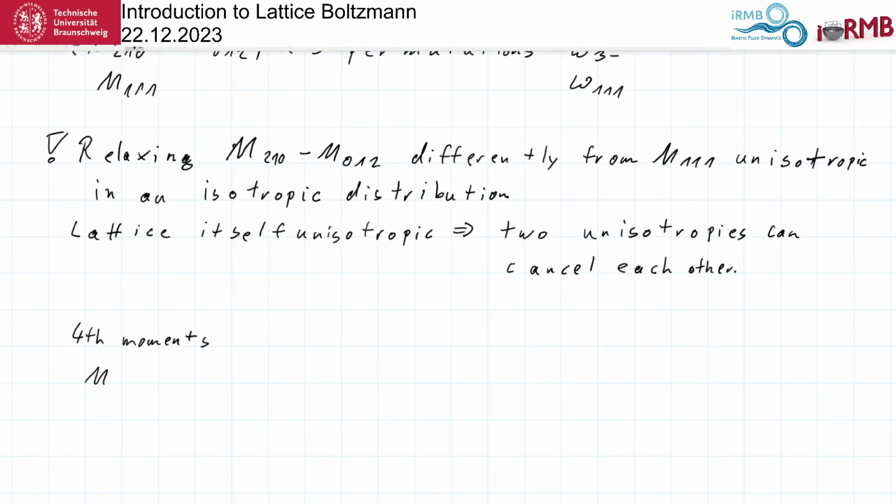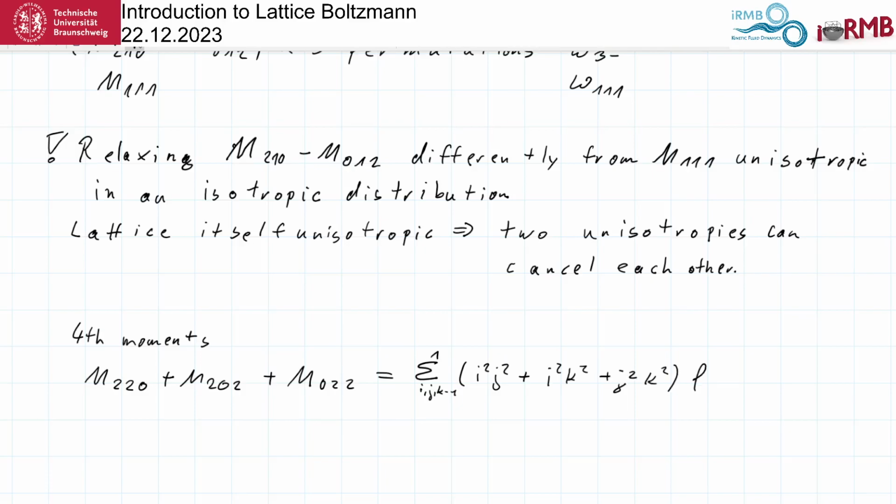So again, here we have something that looks isotropic, M220, M202 plus M022, which would be computed from Mijk from -1 to 1 into i square j square plus i square k square plus j square k square, and this into this population Fijk.